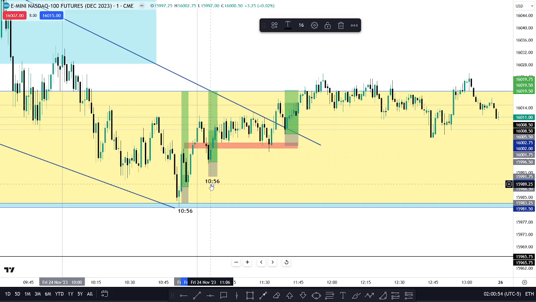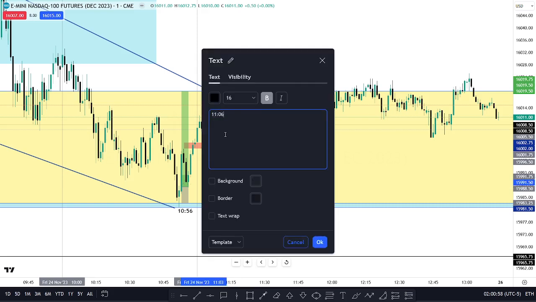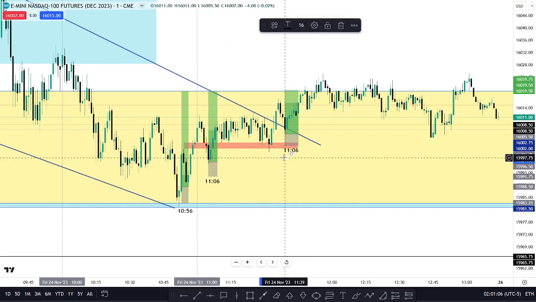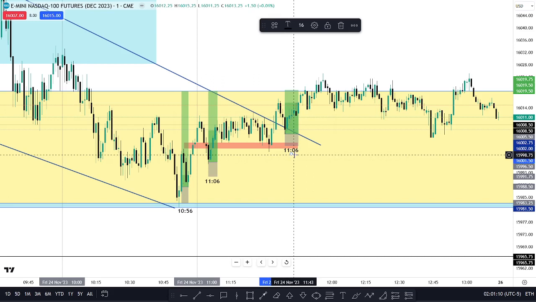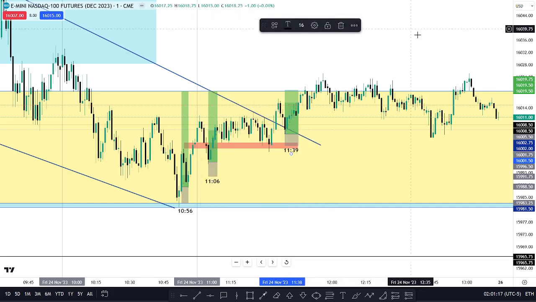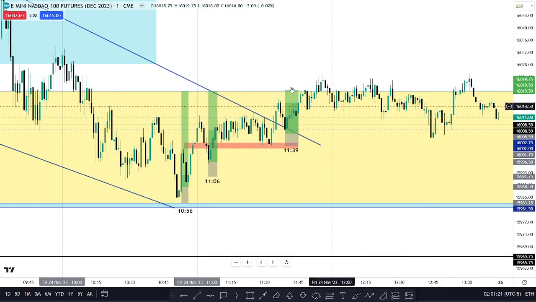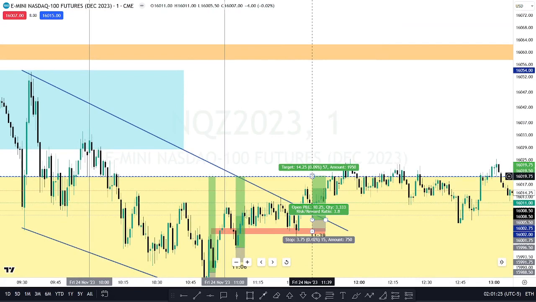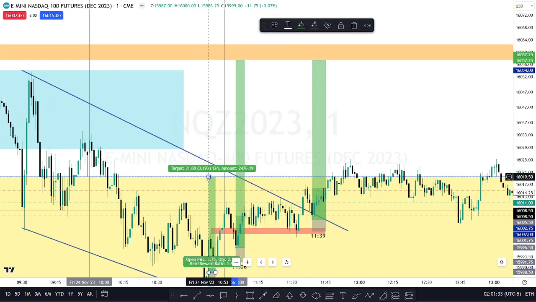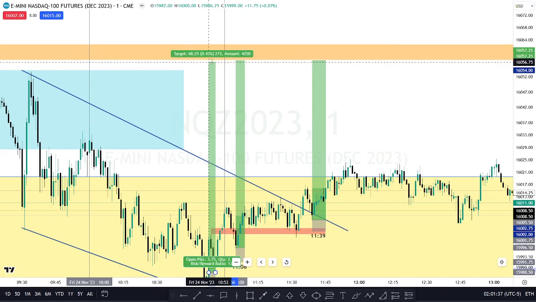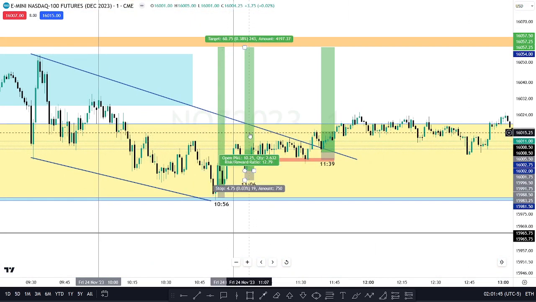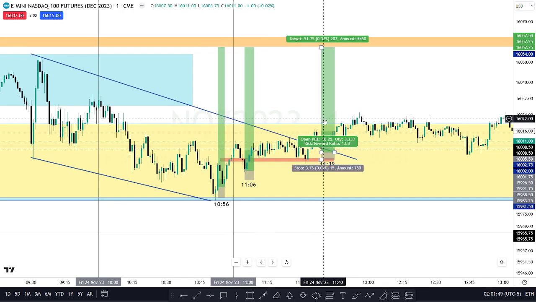This is 11:06. This entry was on 11:39. So, guys, if you were day trading, you could have capitalized on this one, but you know that if you are correct with your model, this should be your ultimate TP. $13, $12, 13 is to 1 risk to reward.